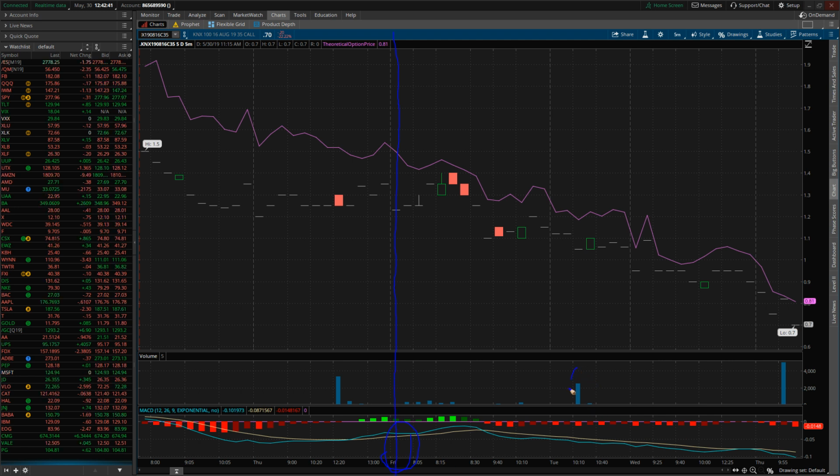But you can see big block volume here on Tuesday, big block volume on Thursday of last week, big block volume here today. Now, the reports are that this is bullish activity or long activity, being a buyer here of Knight Transportation, and suggests that it's on the bullish side.